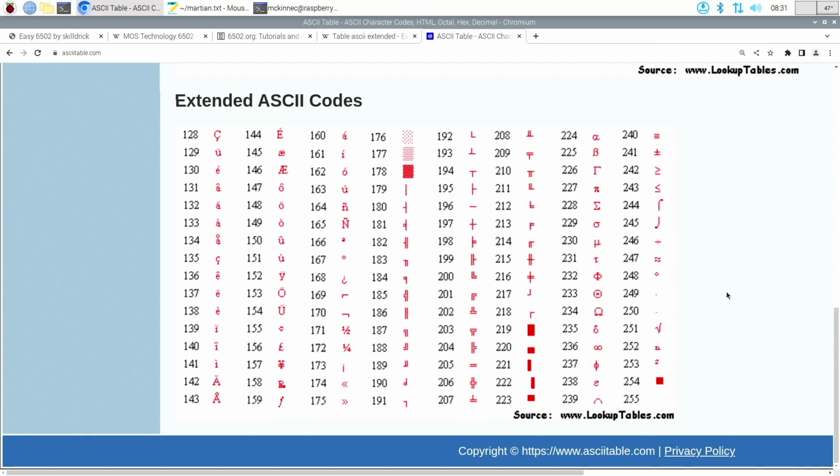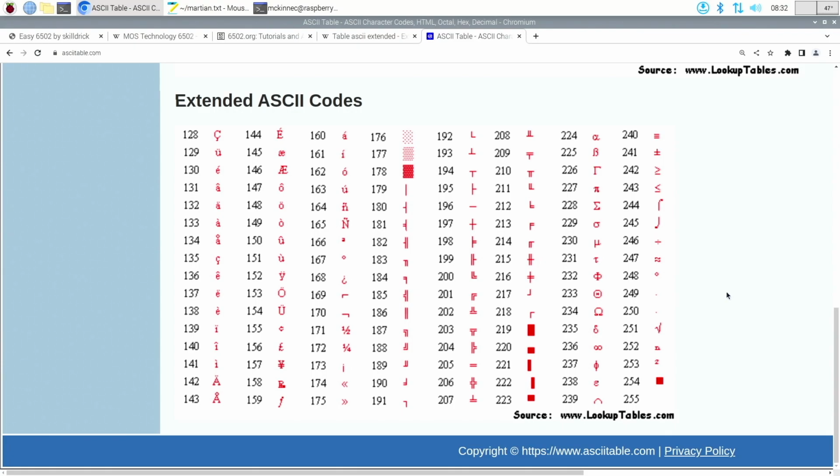We've got some Greek letters, but not all of them, right? So we've got the ones that are commonly used in mathematics: alpha, beta, capital Gamma, pi, that's certainly important, two versions of sigma, mu, tau, capital phi, capital theta, capital omega, lowercase delta, an infinity symbol, phi, epsilon, triple equals, the plus minus symbol, greater than or equal, less than or equal to, the top and bottom half of an integral, division symbol, squiggly equals, I think that one's the degree, dots in various places, the radical, I'm not sure what that is because I can't read it, a superscript of a 2, and then we're basically done.